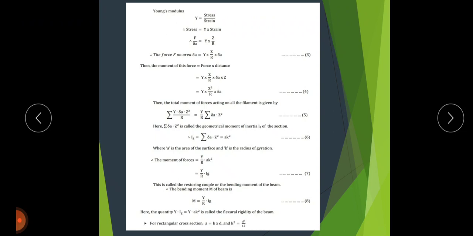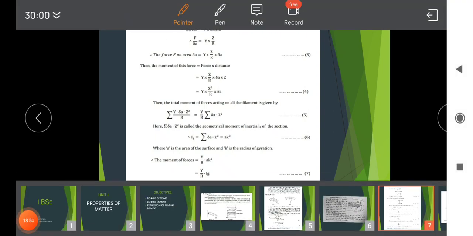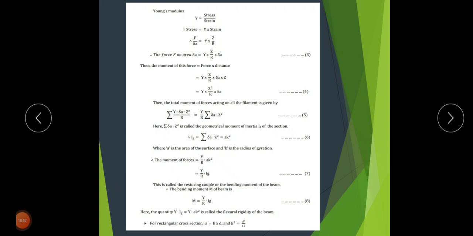So the moment of inertia can be expressed as the summation of delta A into Z square, which is equal to A into K square, where A is the area of the whole cross section, made up of the summation of small parts of area, and K is the radius of gyration.